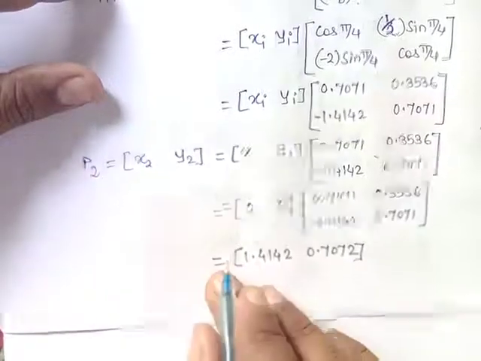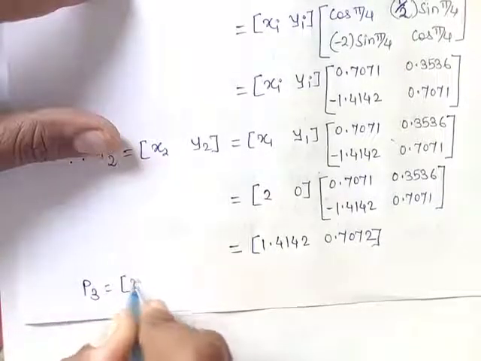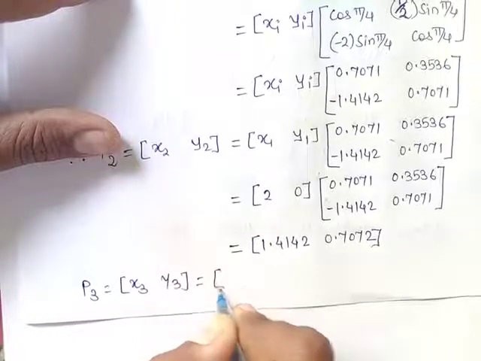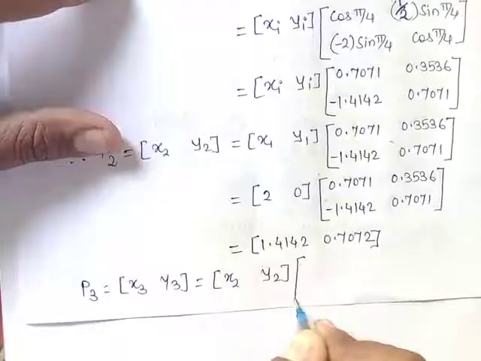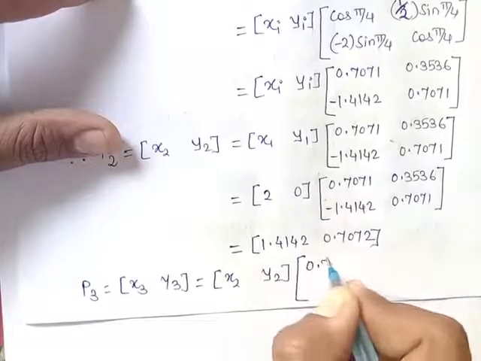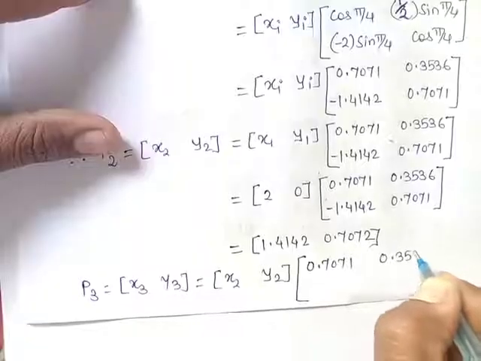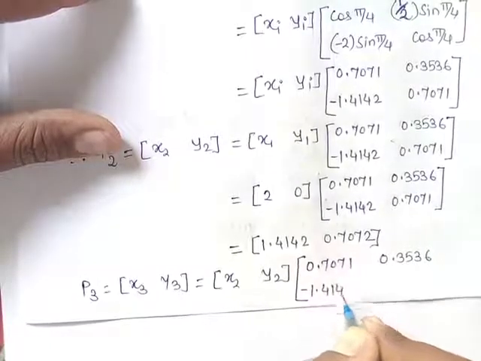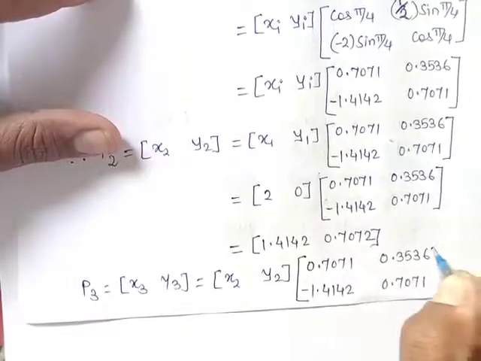Okay, again P3 is what? X3 Y3. It will be X2 Y2 into the matrix 0.7071, 0.3536, minus 1.4142 and 0.7071.